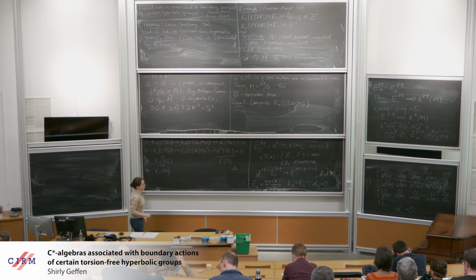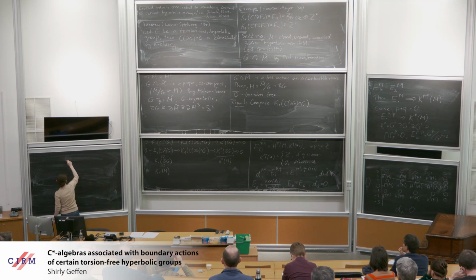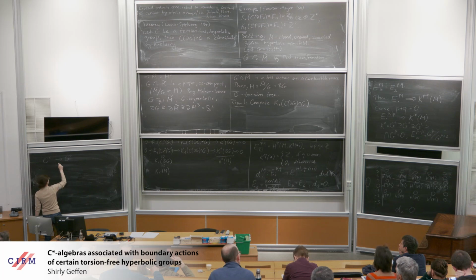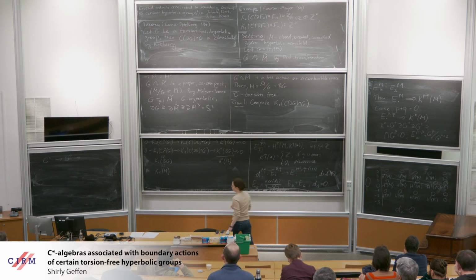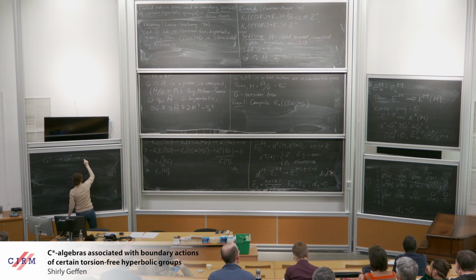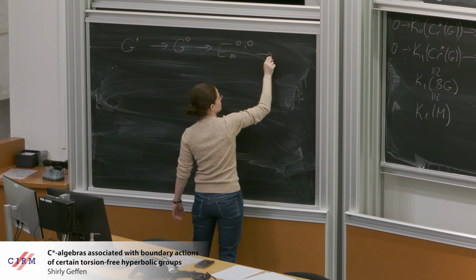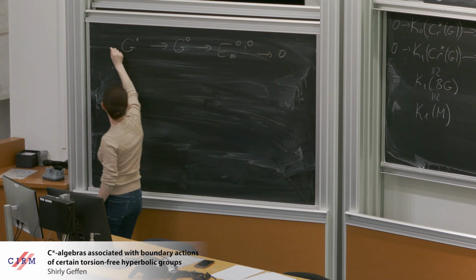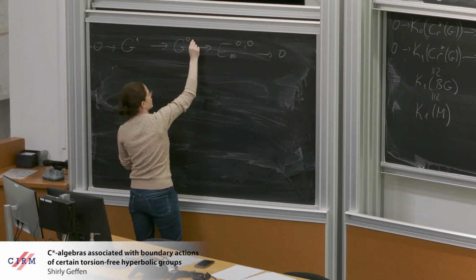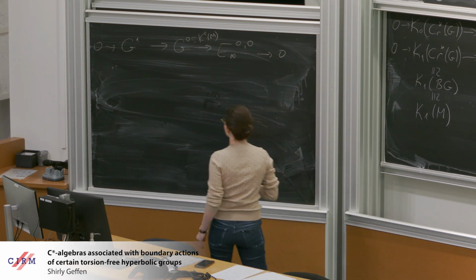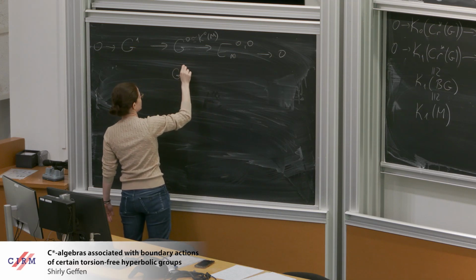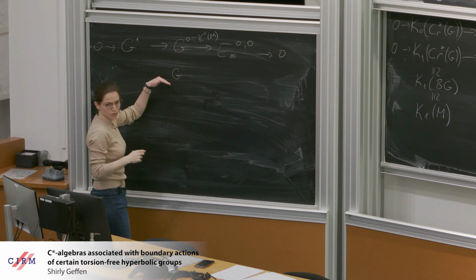So what does it mean? It means that G0, namely K0 of M, has as a normal subgroup G1, and the quotient exactly by this formula is E infinity (0, 0). And this is our K0 of M. And we go on like this, so we will have finitely many steps, and we will discover inductively what these gradings are.